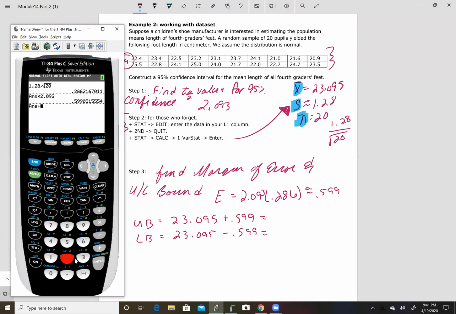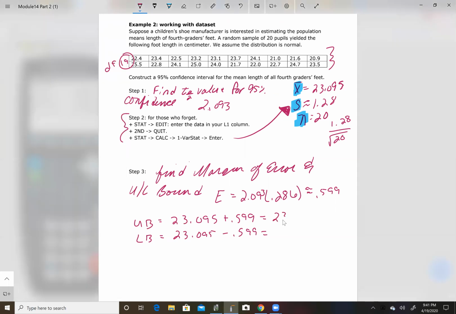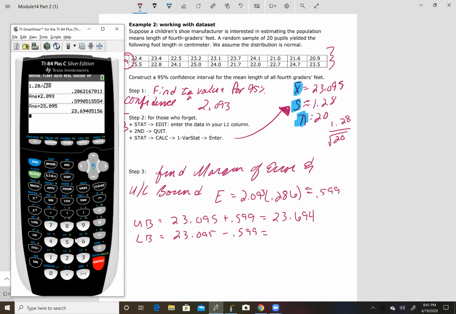So we have plus 23.095, 23.694, and minus 0.